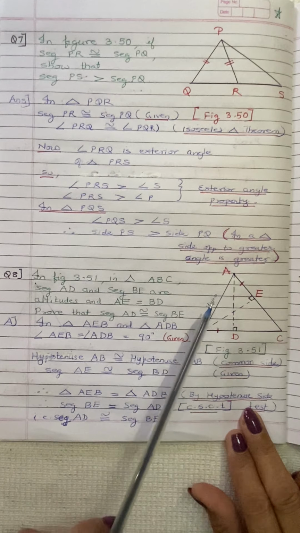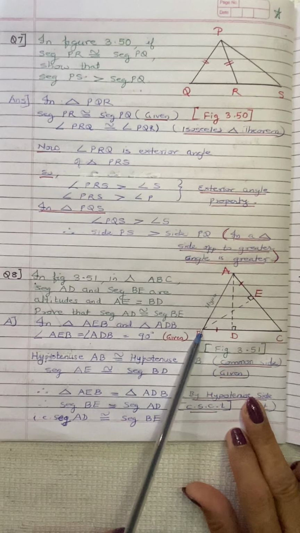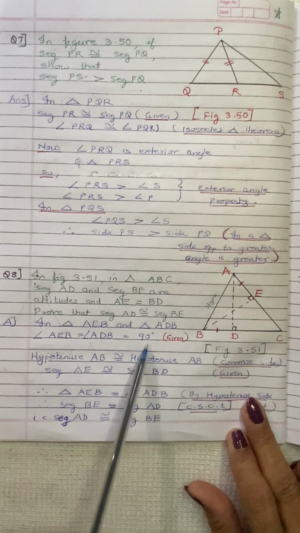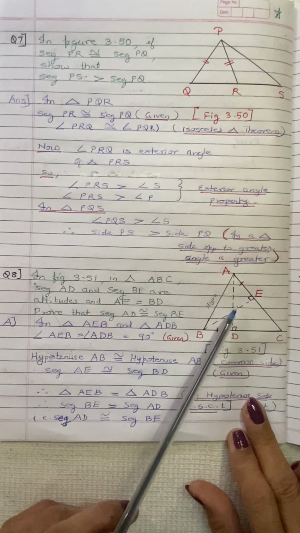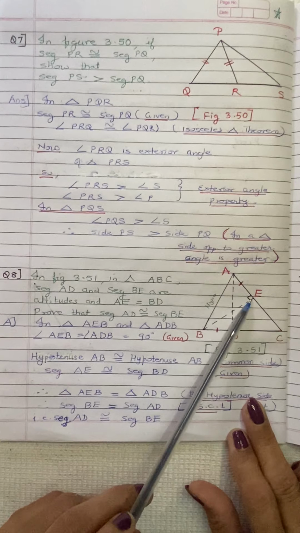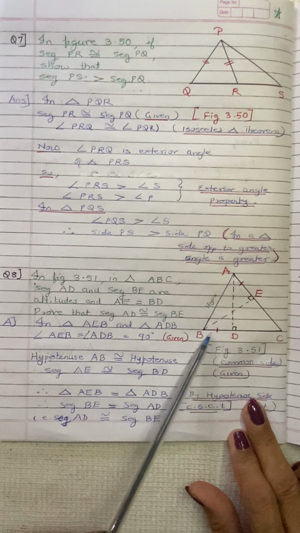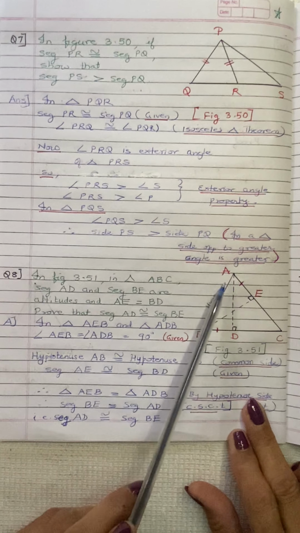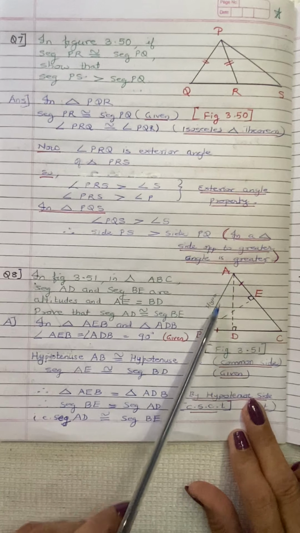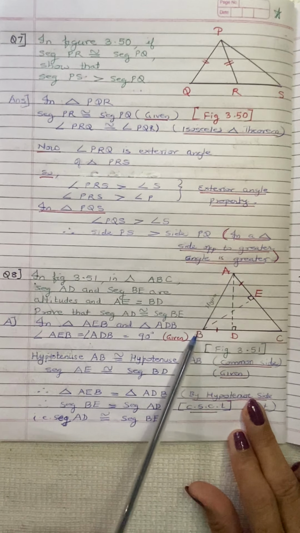Both are 90 degrees, AEB and ADB, given, and hypotenuse AB. If I am considering this triangle, this is the hypotenuse, and if I am considering the other triangle, this is also the hypotenuse.